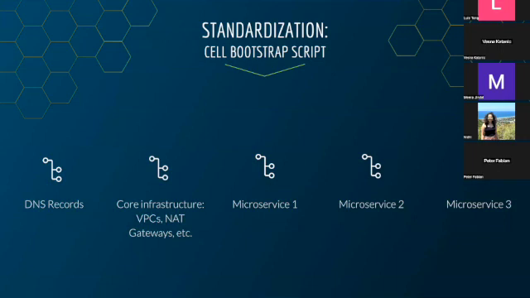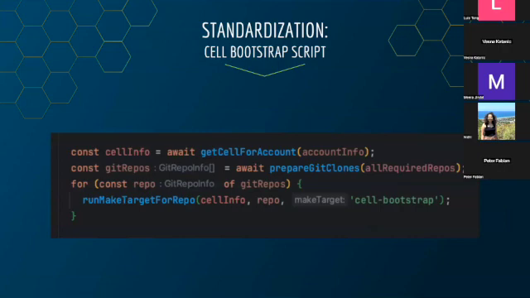But because of some things that we can do with standardization, like the idea that I was talking about earlier about creating standardized build targets, it opens a door for you to do something like this, where you can write some really generic infrastructure code.